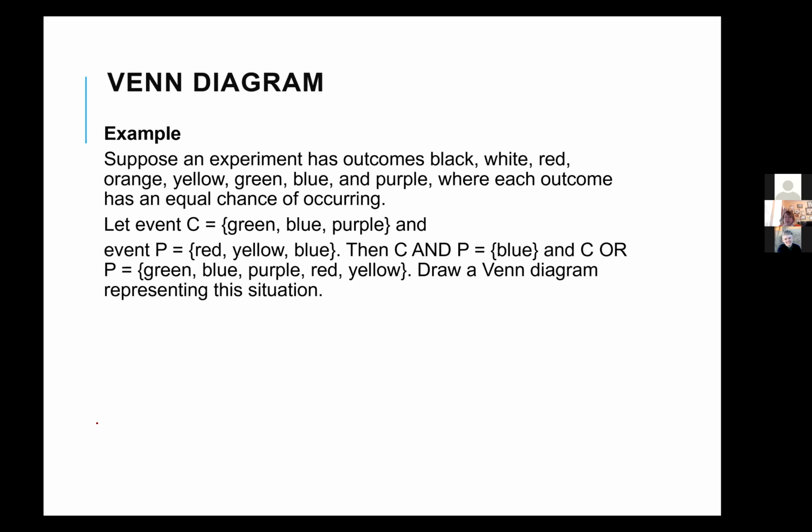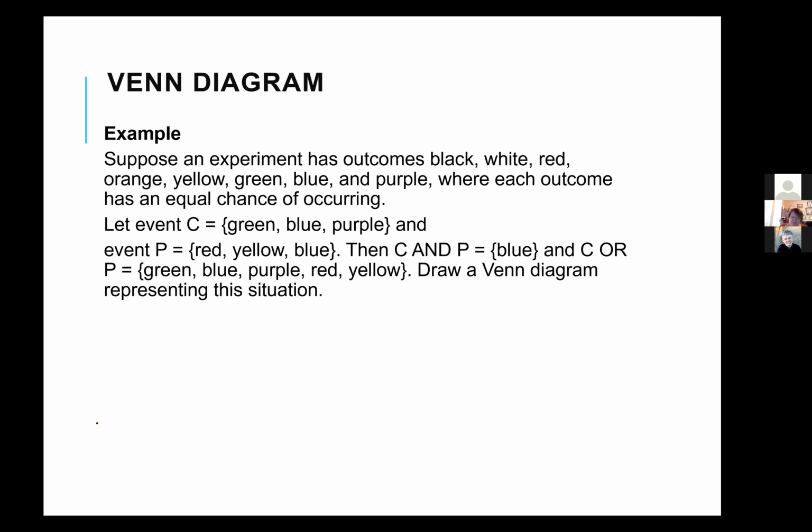Let event C be the outcomes green, blue, and purple, and event P be the outcomes red, yellow, and blue. And there is an overlap in these two events. They share the outcome blue in common. So C and P is the set blue.